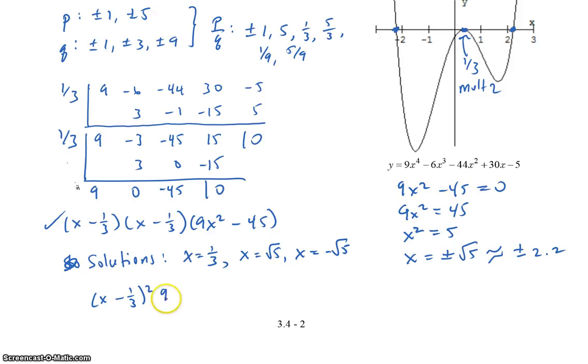I'm going to factor the 9 out of the other factor. That leaves you with x squared minus 5. So I'm going to put the 9 in front, then x minus 1/3 squared, and then x squared minus 5 is x minus the square root of 5 times x plus the square root of 5.